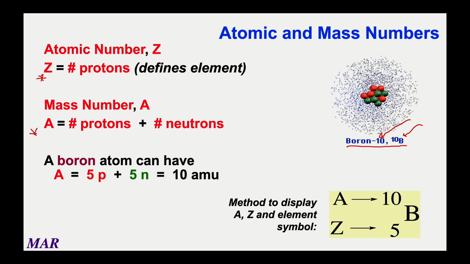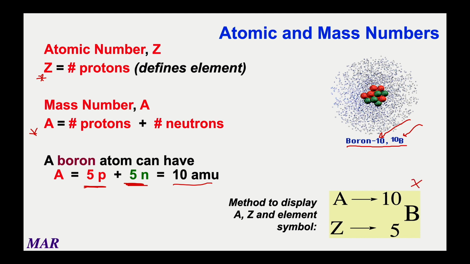So let's talk about if you have a boron atom with 5 neutrons. So if it has 5 neutrons, boron is number 5 on the periodic table, so 5 protons. That means the mass number is 10 AMU. So in the ones we were looking at earlier then, boron-10, the 10 is the mass number, or that superscript there, that 10 is mass number.